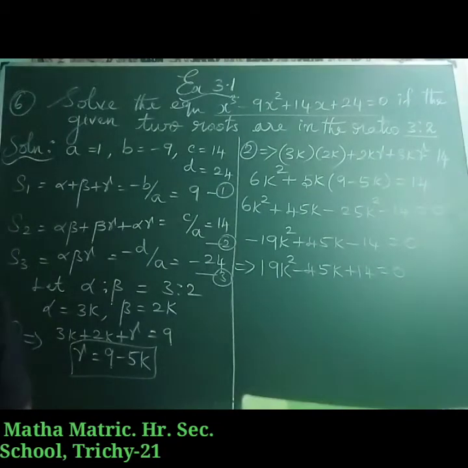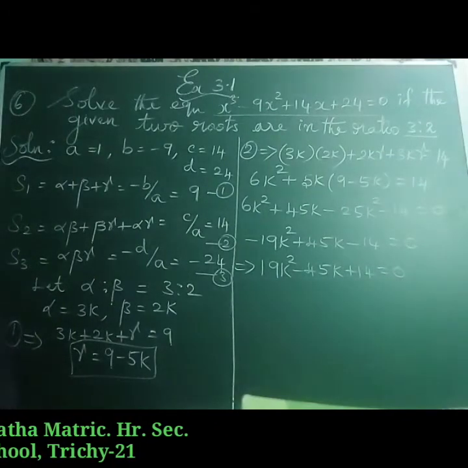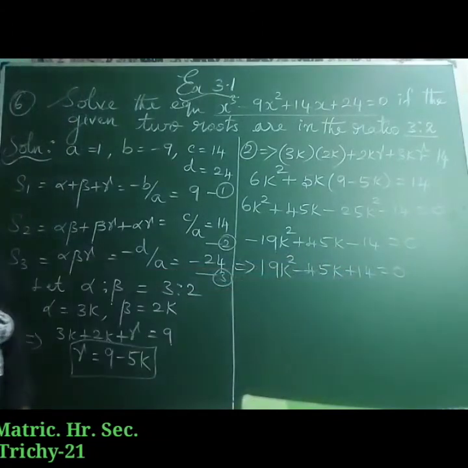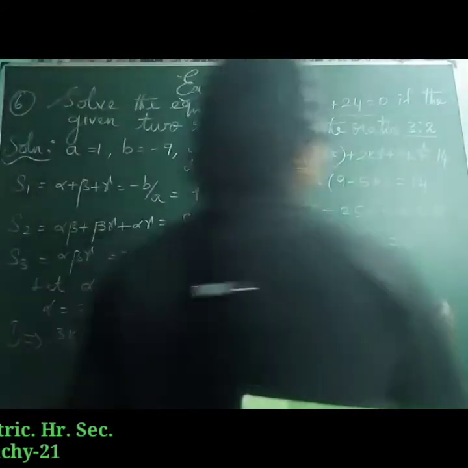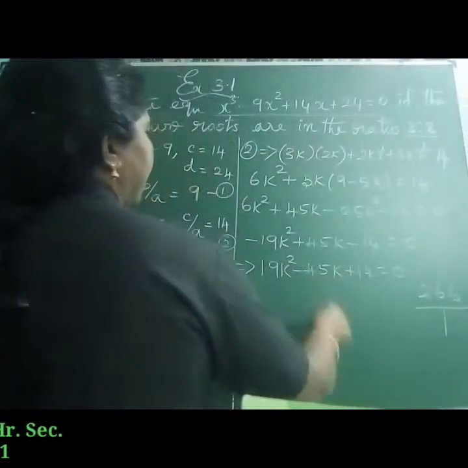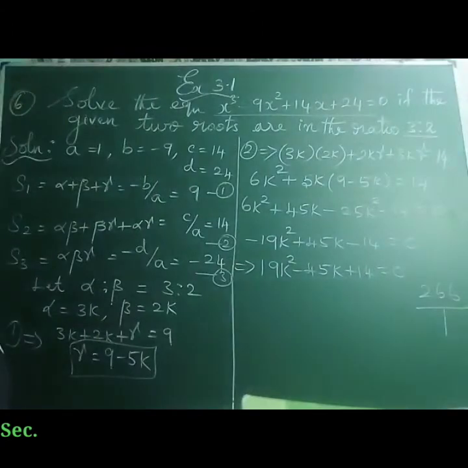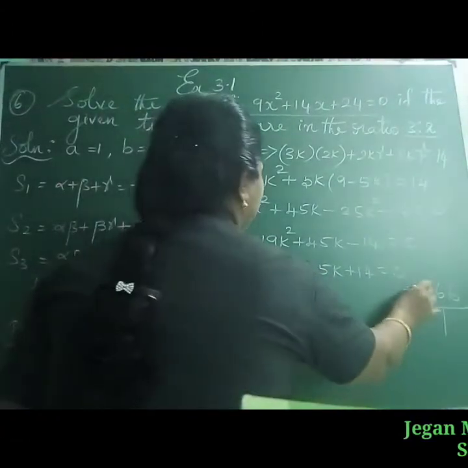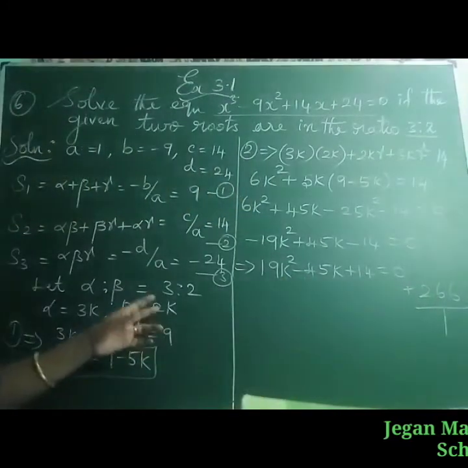Now we have to solve this quadratic equation and we can find the answer. 19 into 14, we are getting 266. To find the factors, the product is 266 and the sum is minus 45.